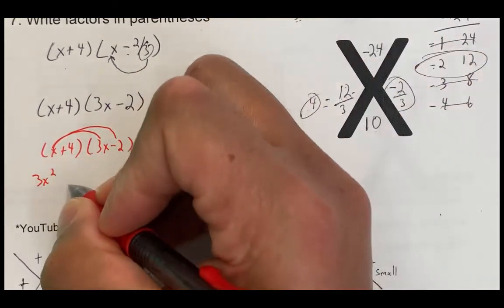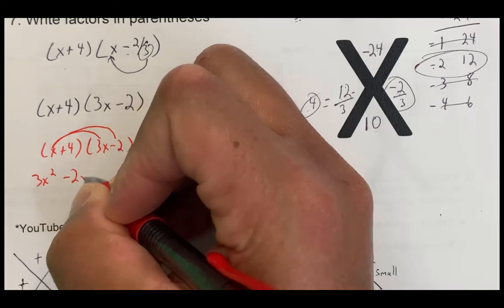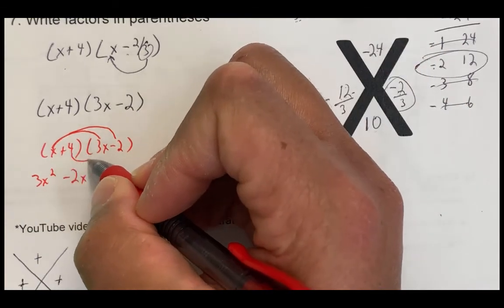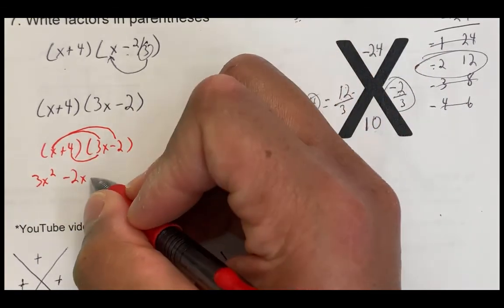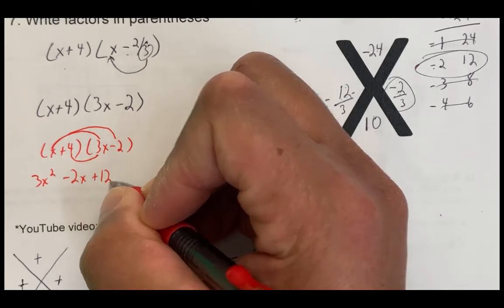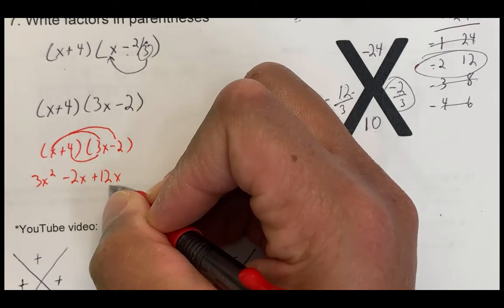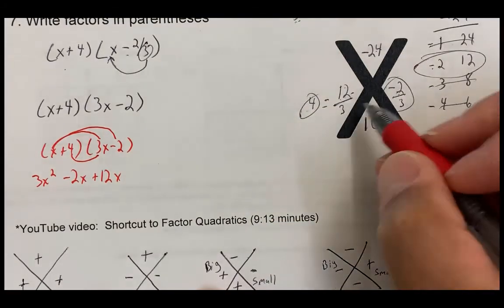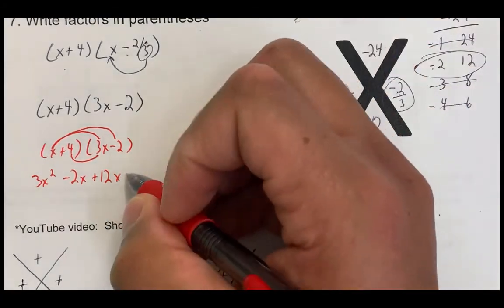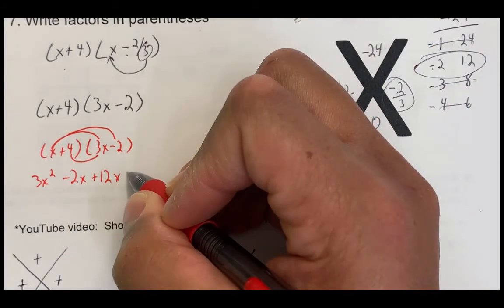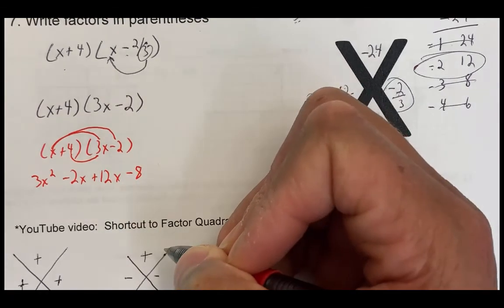X times negative 2 is negative 2x. 4 times 3x is 12x. Hey, negative 2, 12. Sounds familiar? 4 times negative 2 is negative 8.